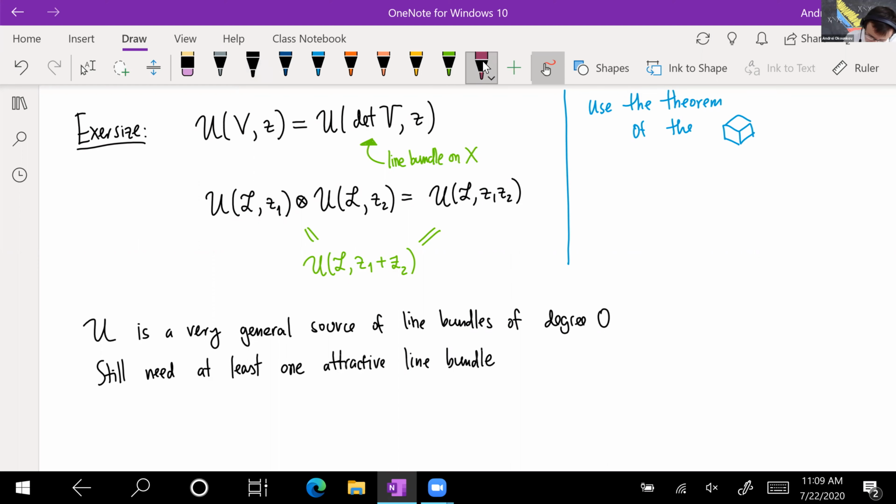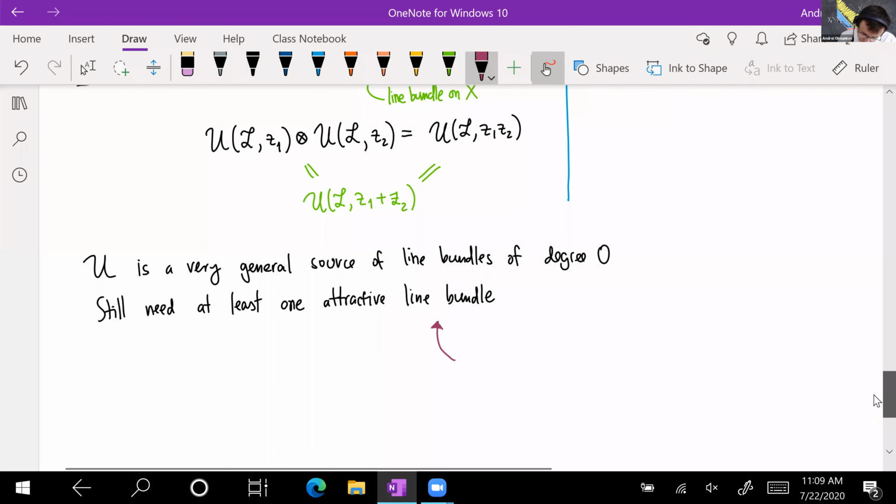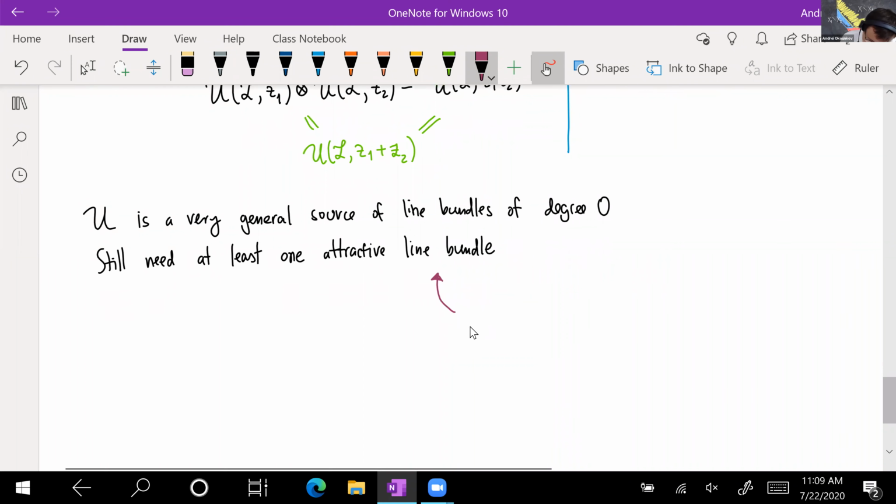And to get that, a very useful source of those is if I have a polarization. So this would be given by a polarization of X. So what's a polarization of X?